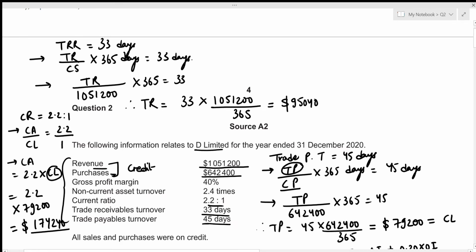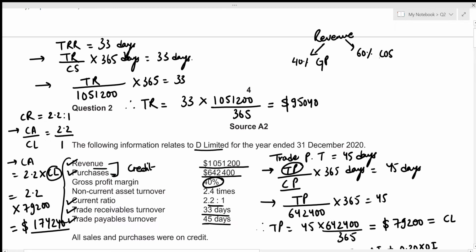Alright, so we are done with trade receivables turnover and trade payables turnover. We also did the current ratio. So now we have the gross profit margin. Gross profit margin is 40%. This just means that out of revenue, 40% is going to be gross profit. Then the remaining 60% must be associated with our cost of sales, right?